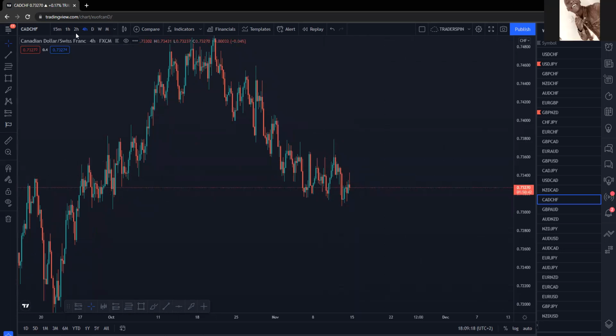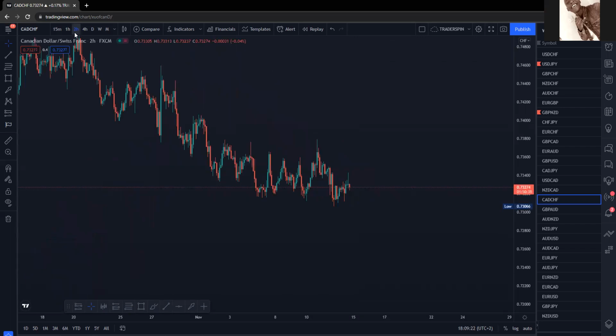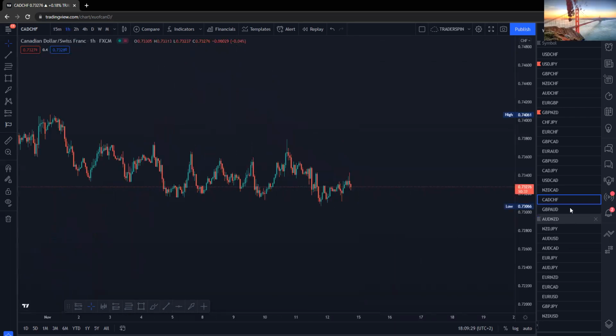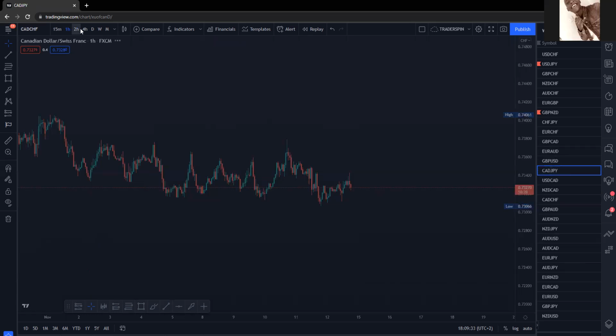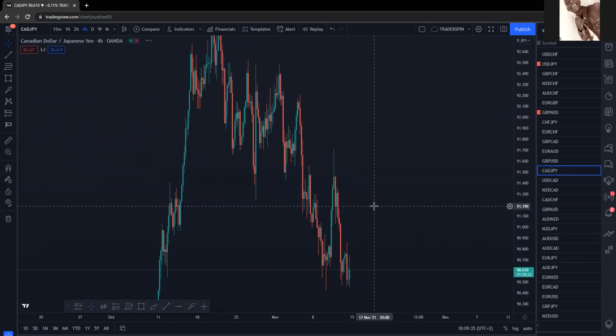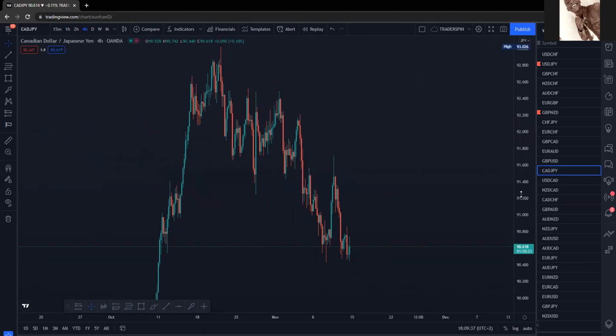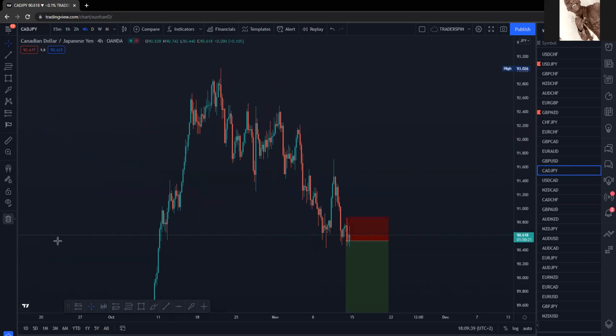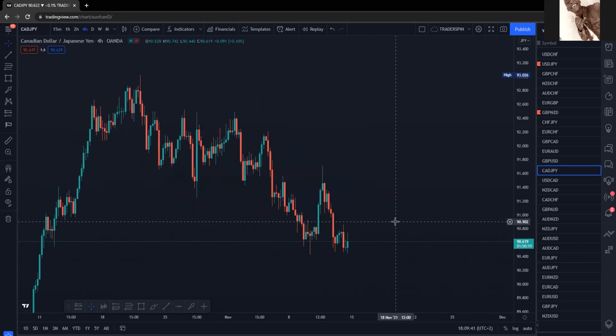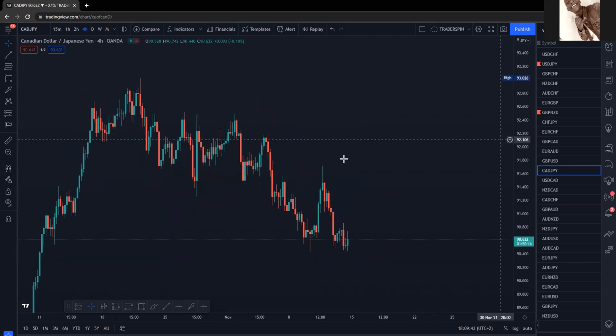Okay, let's look at an example, maybe CAD JPY. Okay, this was my last trade anyways. I entered there. Let's take an example, there is your short position.